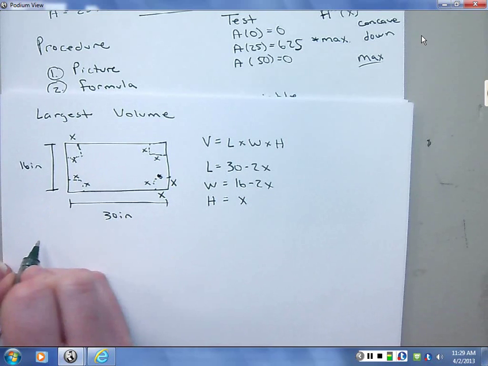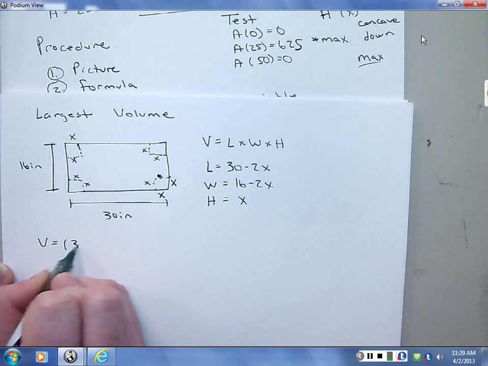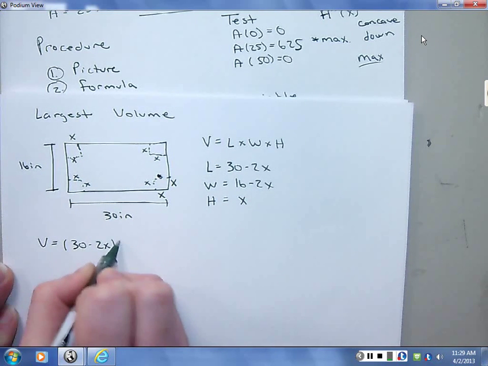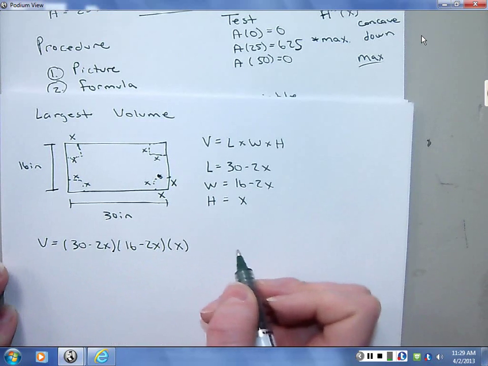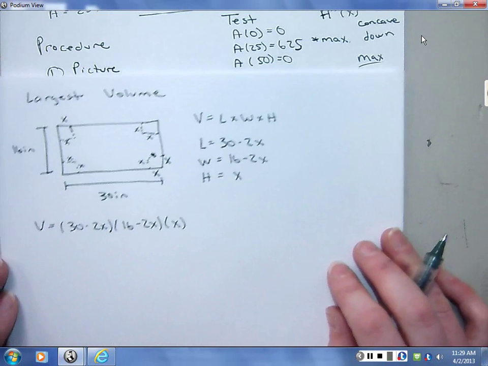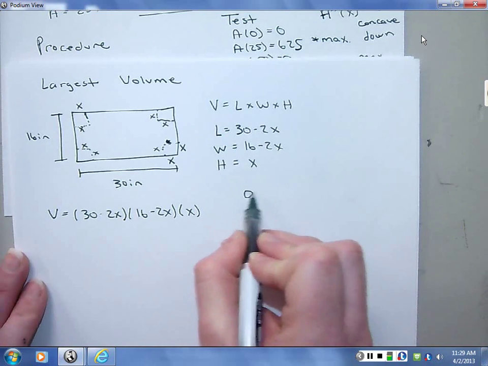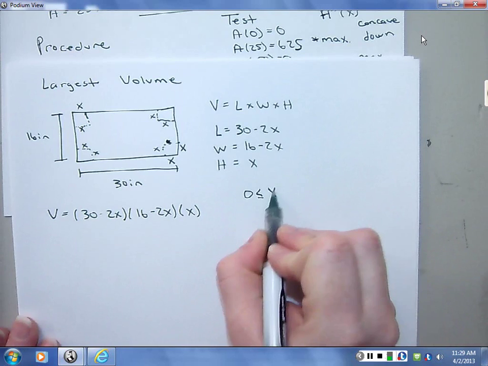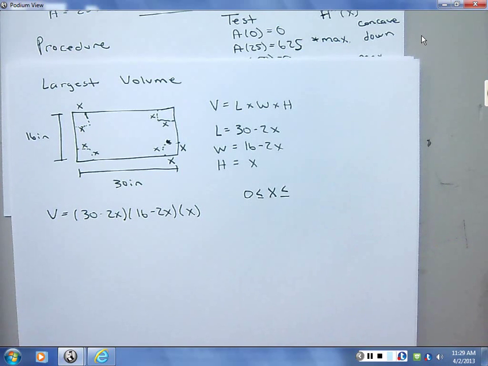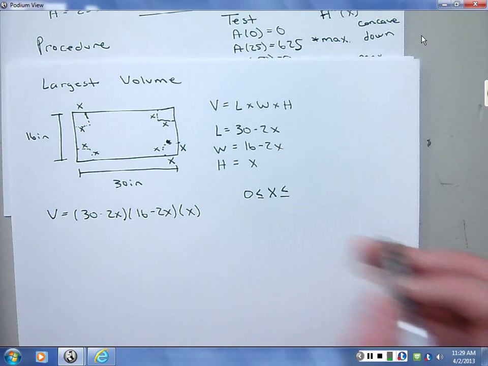So my volume is going to be 30 minus 2x, 16 minus 2x, times x. What are my bounds on x? X could be 0, sure. I'd have 0 volume, but it could be 0. What's the maximum it could be? 8, right?